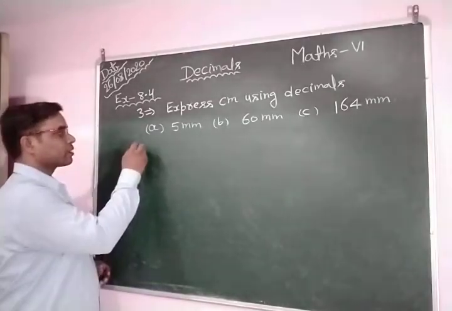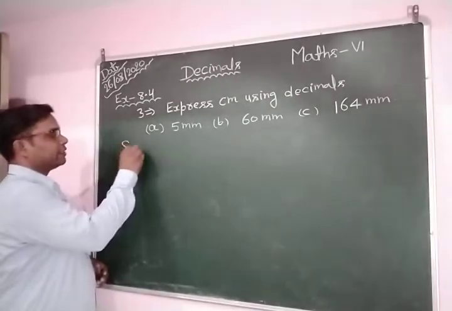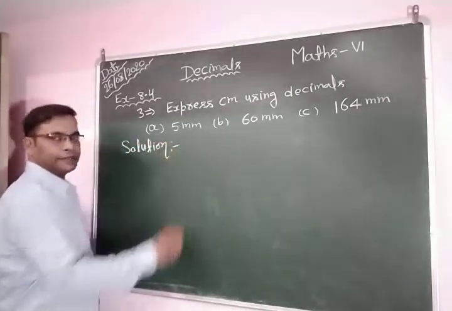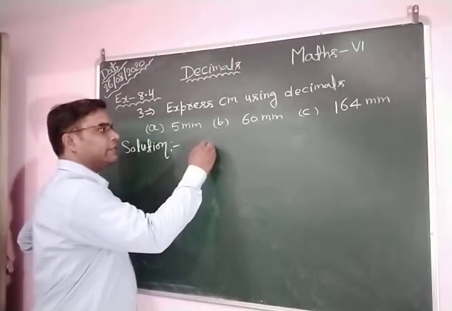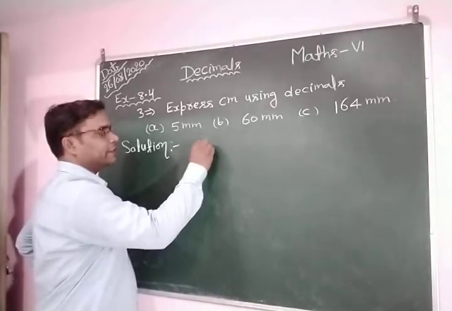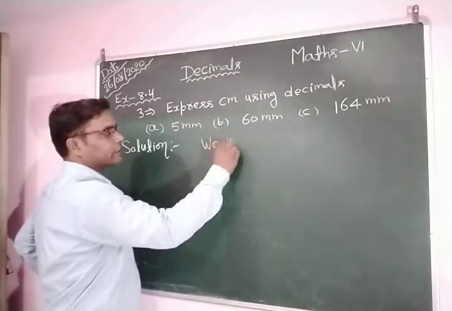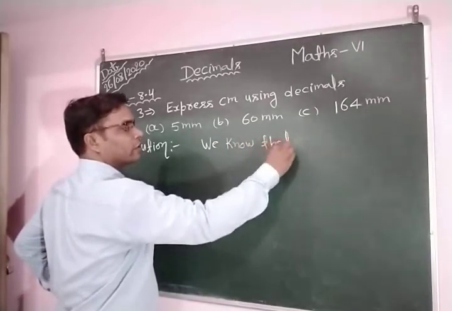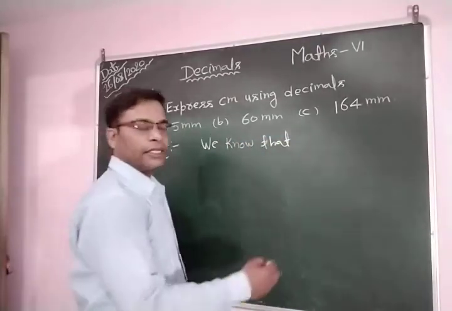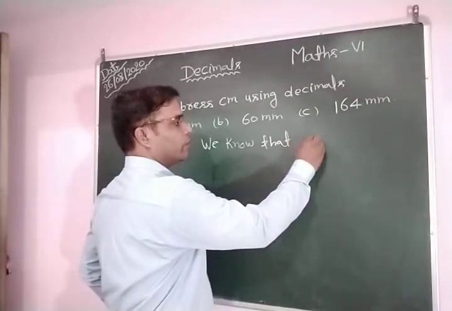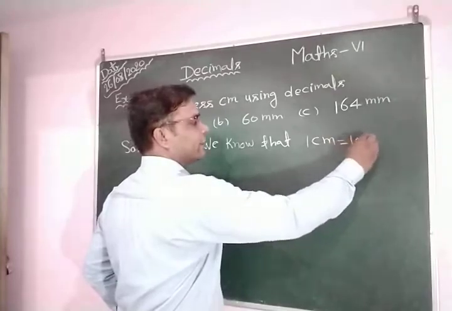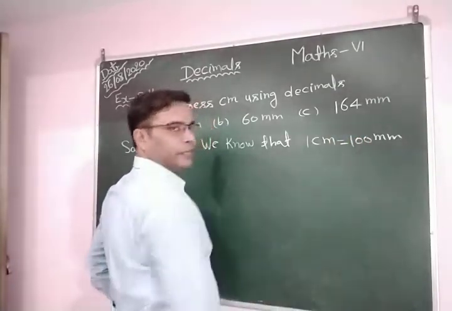For this, we know that 1 centimeter is equal to 100 millimeters.